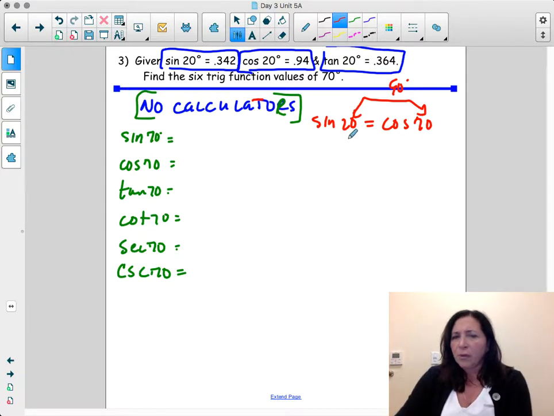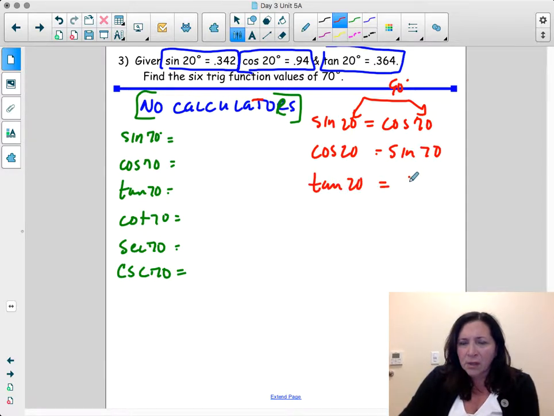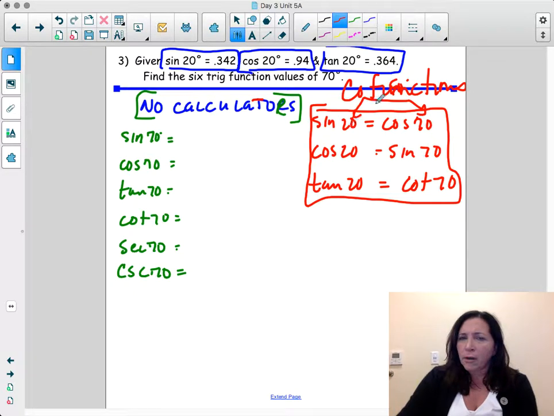So those are equal. You also know that cosine of 20 is going to equal sine of 70. You know that tangent of 20 is going to equal cotangent of 70. So I always tell people to write down what you know. You know this based on our cofunctions, where these two angles are complementary.